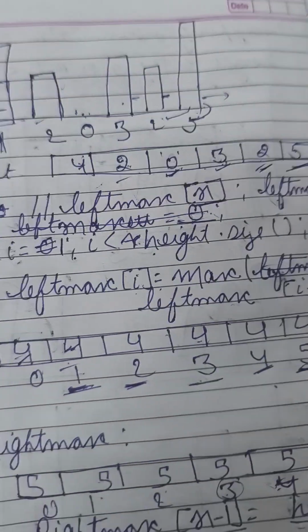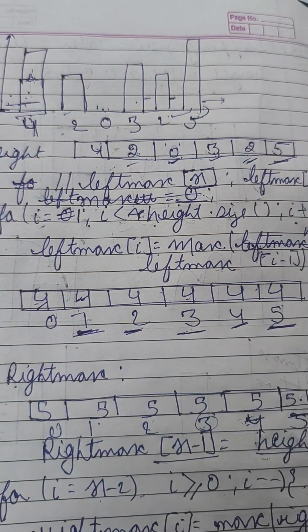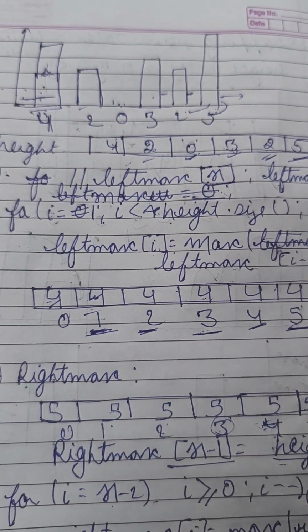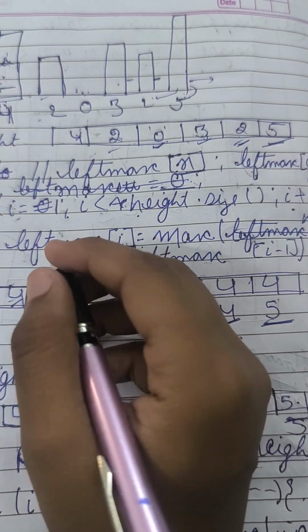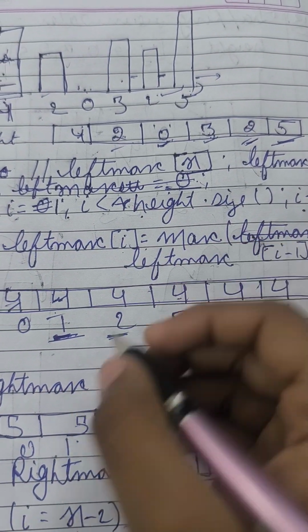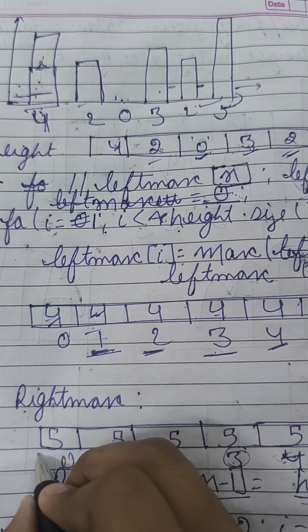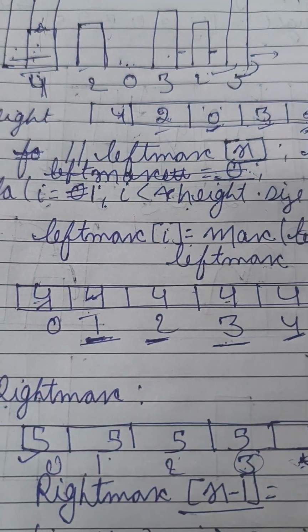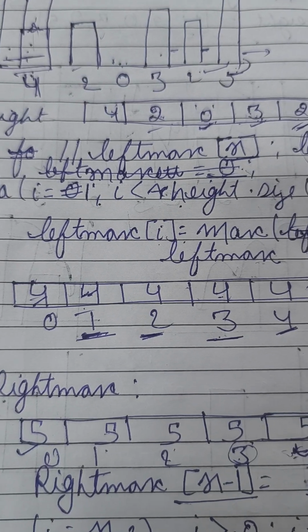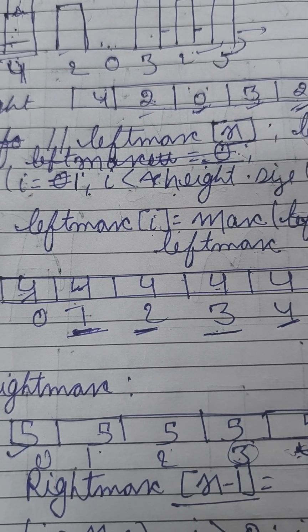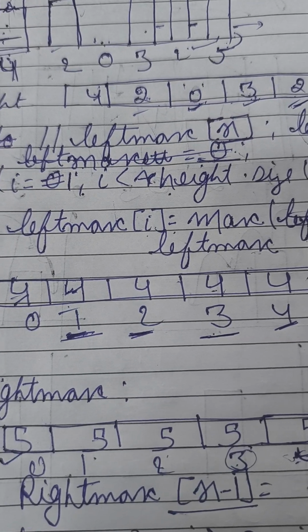Maybe you are not getting it, because the question is a bit confusing. So let me understand it carefully. For taking out the water trapped, we first of all have to find the minimum of left max and right max. As I told you about the glass example earlier, for the water to be stored, you need to take out the minimum, and the minimum which you get is the amount of water which is going to be stored over here.